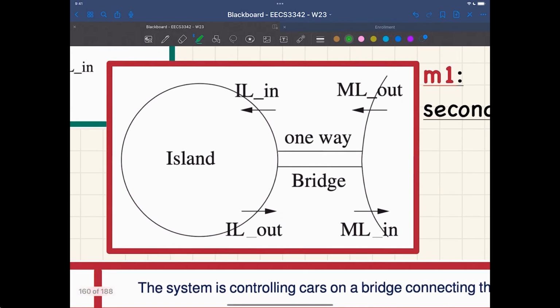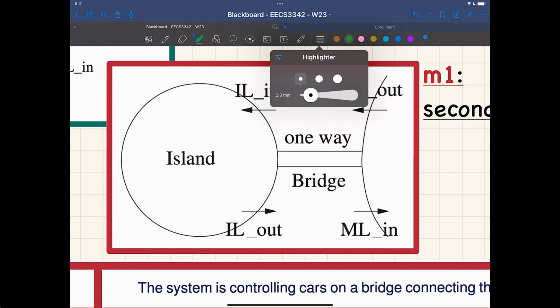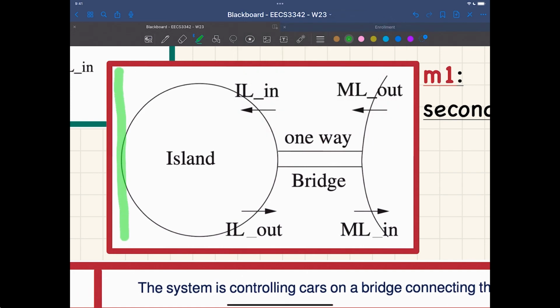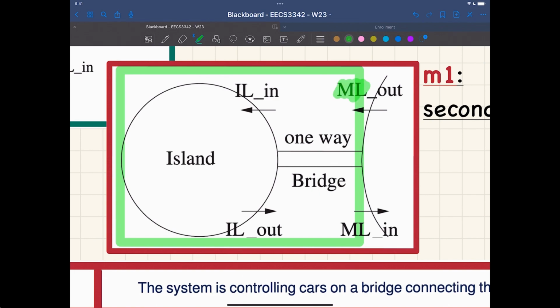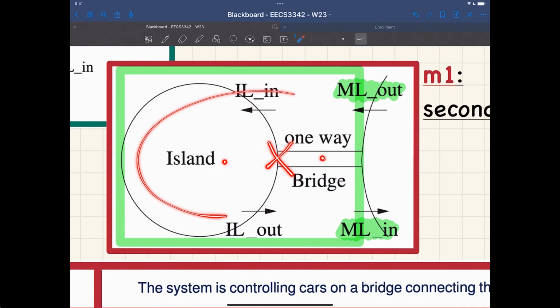Think about when we didn't distinguish between the island and the bridge. Think about this part over here, and that will include ML out and also ML in. Initially, when we created M0, we didn't distinguish between this one and this one. They are considered as one. So the green one there is really the initial abstraction.